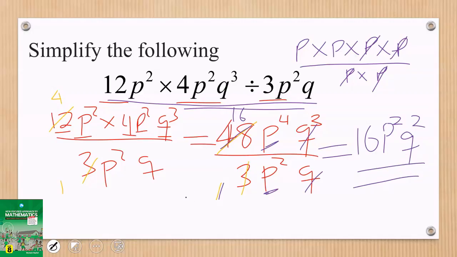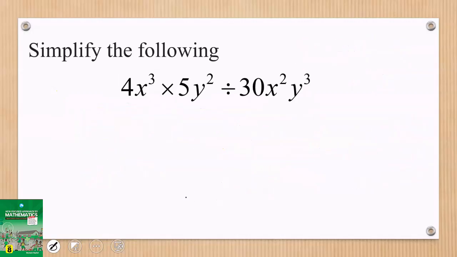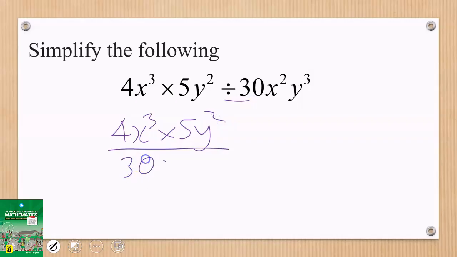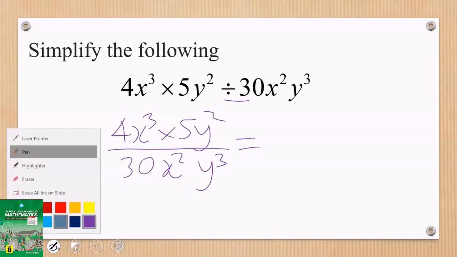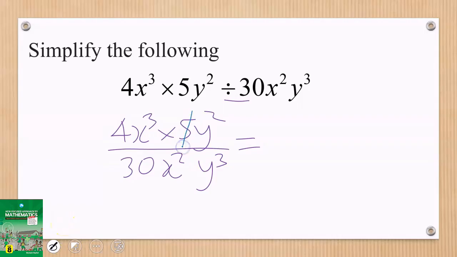Good. Let's take another example and see. Again, we can write this as 4s cubed times 5y squared, all divided by, because of the division sign here, 30s squared y cubed. Now we can take time to divide this. In order not to make the work complicated, I can pick 5: 5 can divide itself as 1, and 5 can divide 30 as 6.